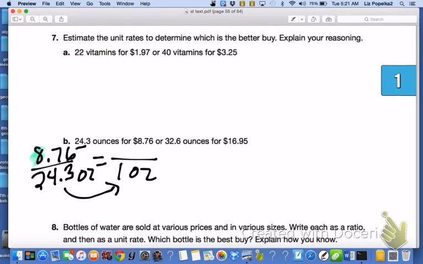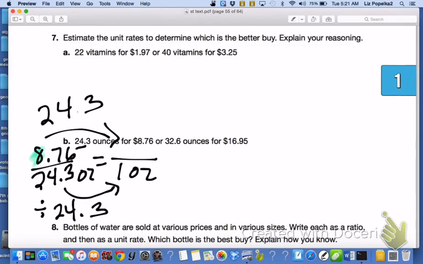To scale from 24.3, I divide by 24.3. If I divide the bottom by 24.3, I divide the top by 24.3. All these messy decimals. So 8.76 divided by 24.3 means that I'll be paying about 0.360.